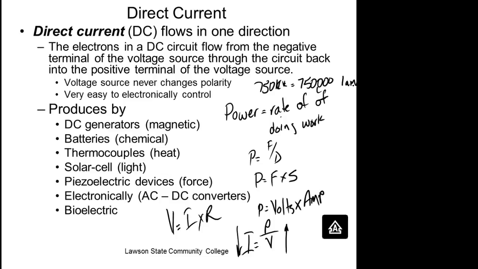But we don't change the power. In a perfect system, power out equals power in, because we don't change the amount of work we do. We just do it at a different speed.